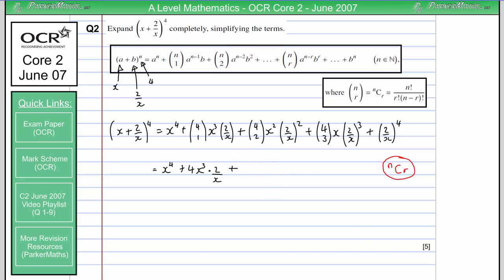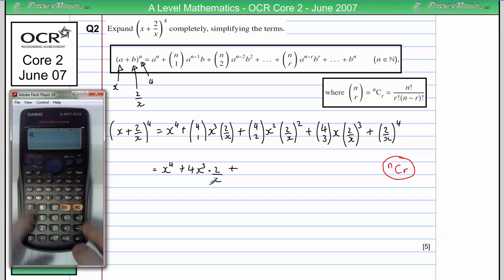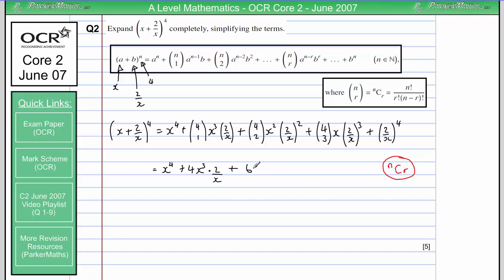For the next one, same thing again, we'll do 4 choose 2. That gives us 6. So we're going to get 6x squared. Here's where we have to be careful, because we have to square the 2 and get 4 as well as squaring the x squared. That's the most common mistake in these style of questions.